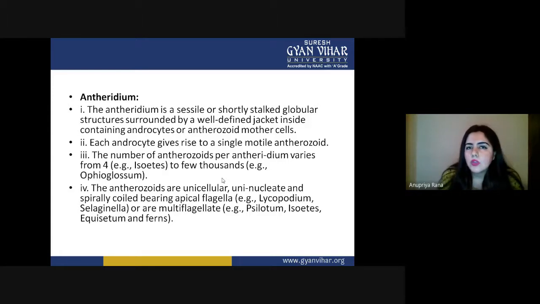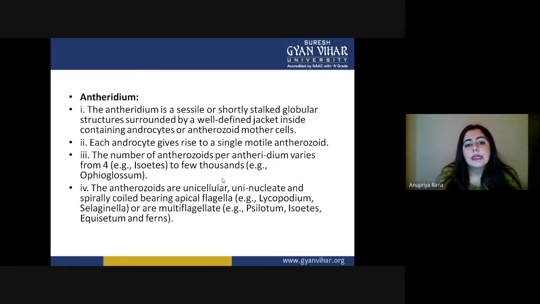Sessile means they do not have any stalk, directly attached to the substrate. Sometimes they have a short stalk. Everything needs protection, since they are very sensitive, so they have this well-defined jacket.